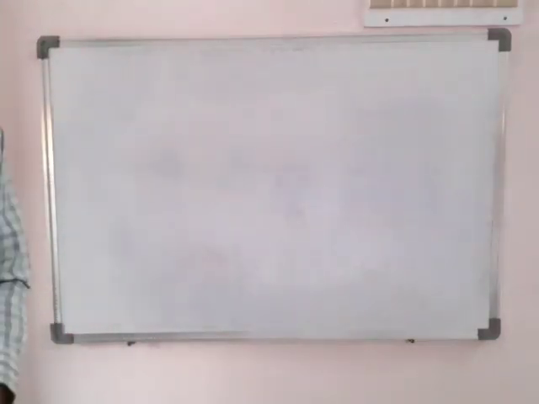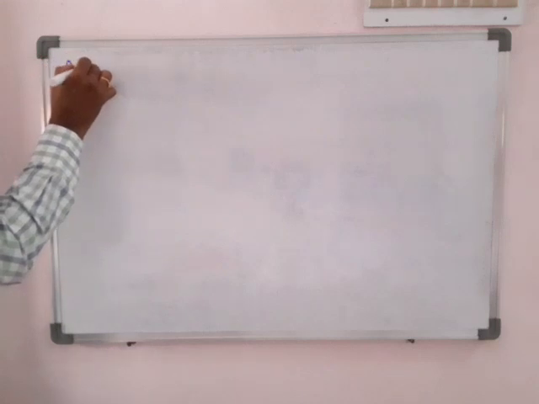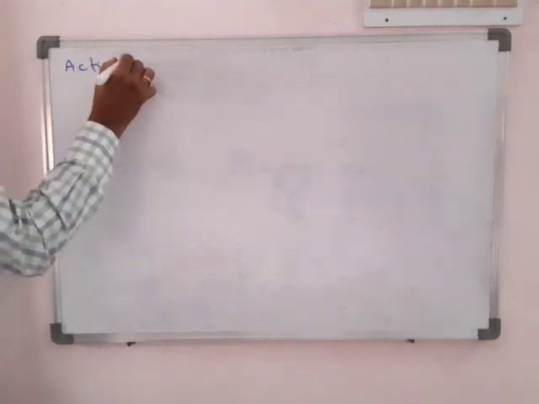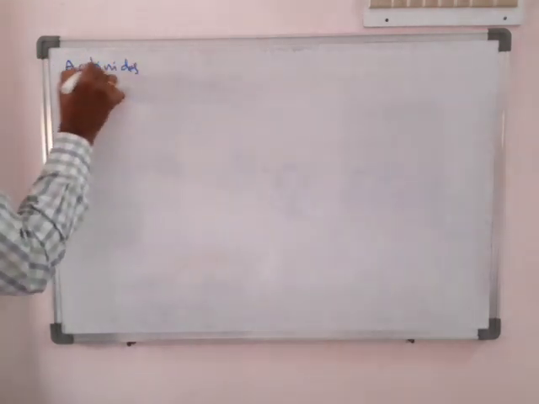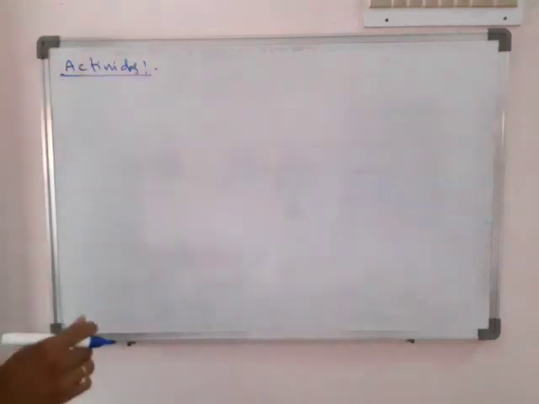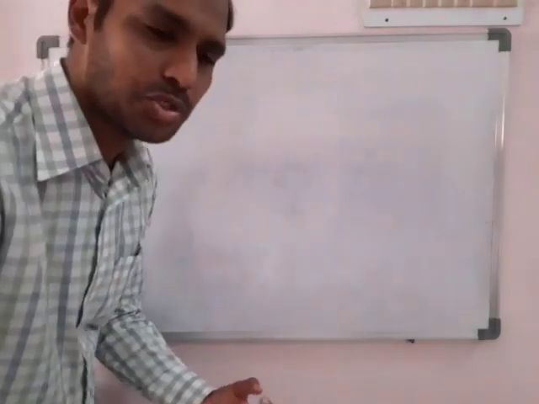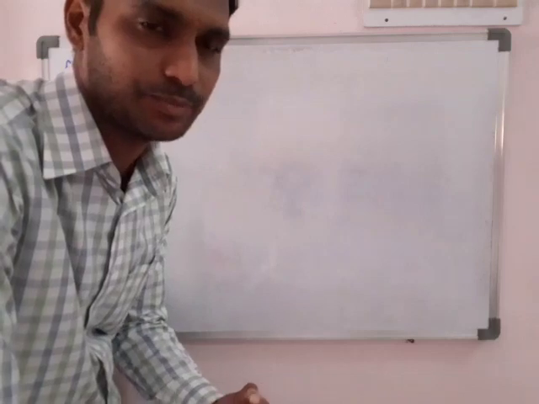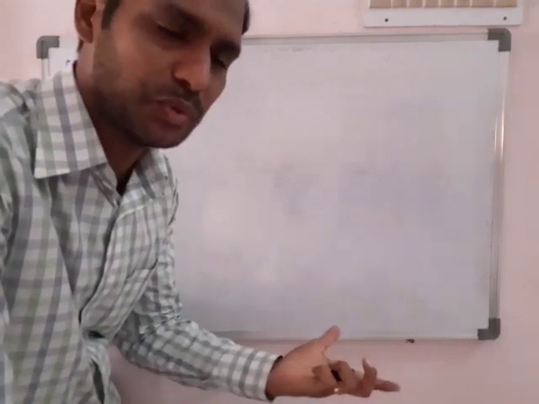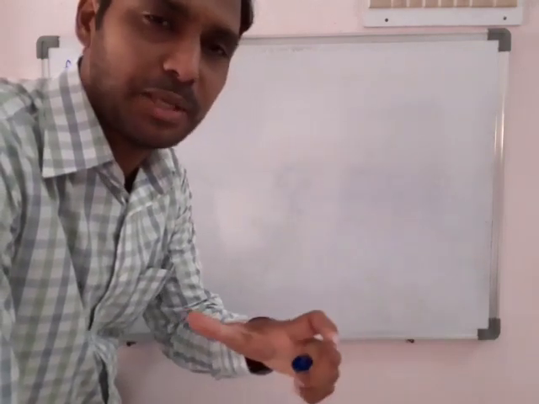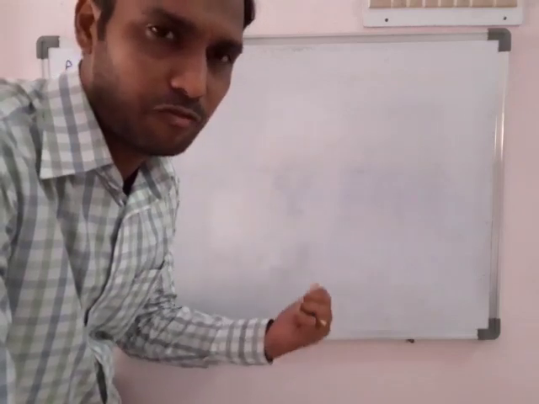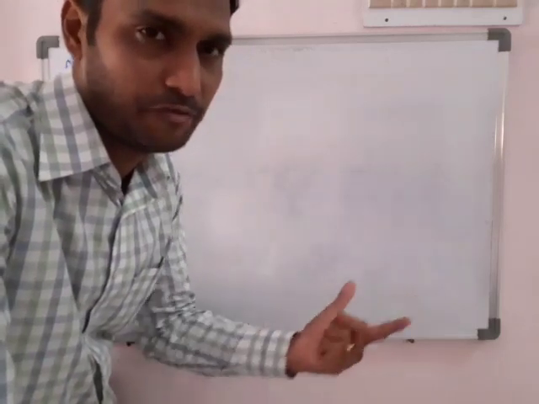Next we see about actinides or the 5F series. So what are the actinides? Here actinides are also called 5F series elements. Why are they 5F series? The subshell that gets filled starts with 5F1 and ends with 5F14.